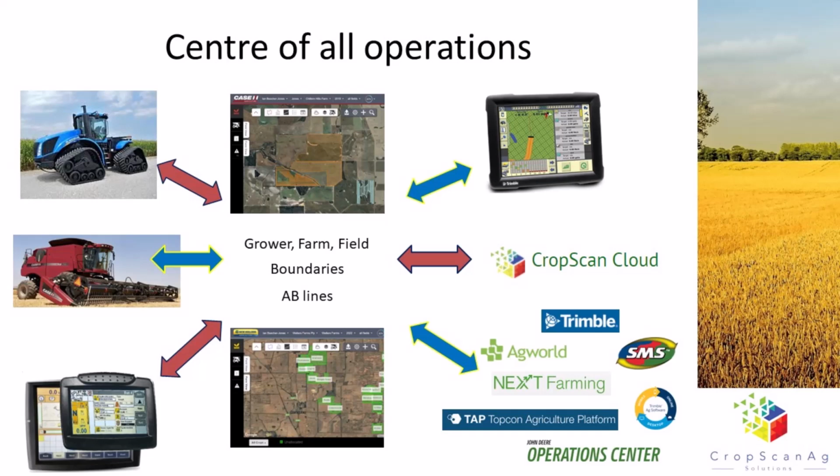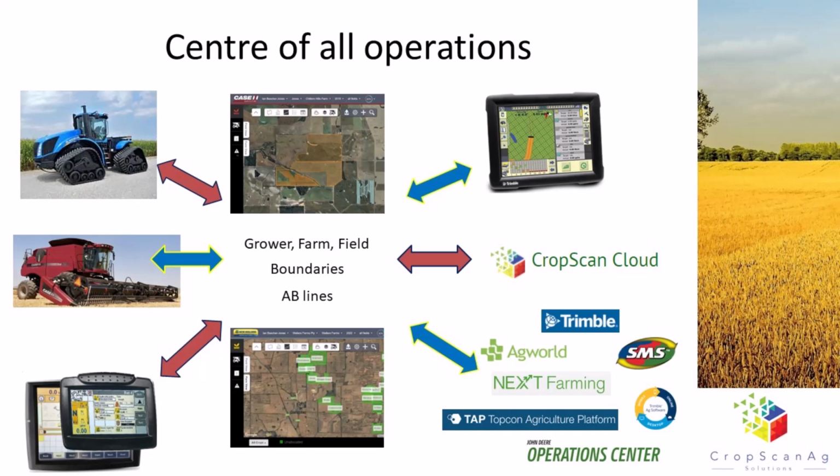So if we can stop it going wrong, then the whole experience, if you're a dealer, your customers are managing data well, and if you're a customer, hopefully you're getting the very best out of the data that you're using on your machines. And so software is the center of all of your operations.